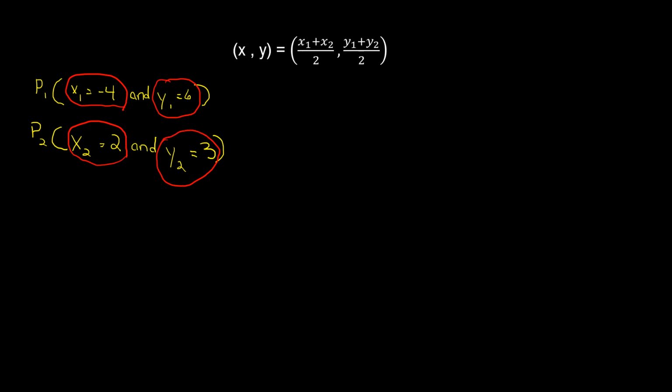So let's start plugging it in. So we have -4, which is x1, plus 2 divided by 2. And then we have y1, which is 6, plus y2, which is 3, divided by 2.